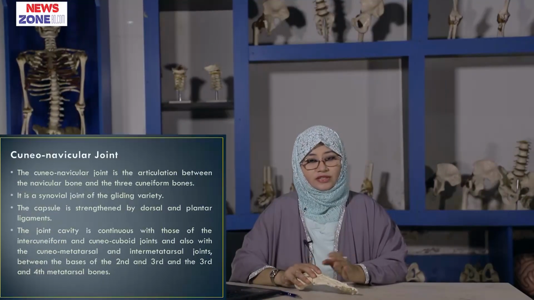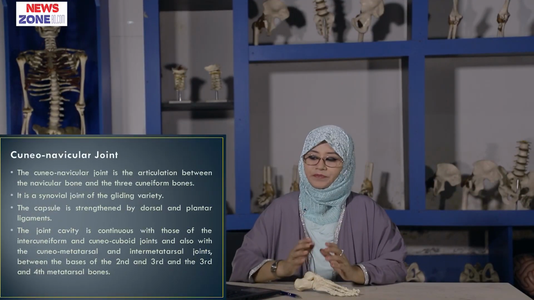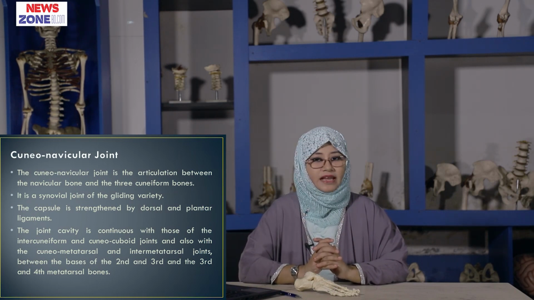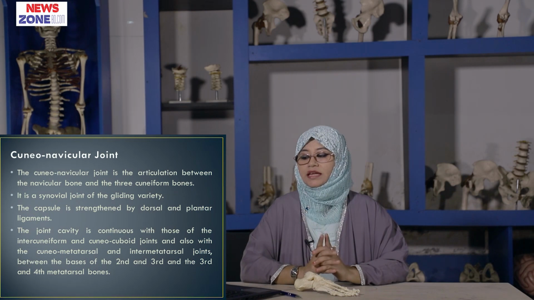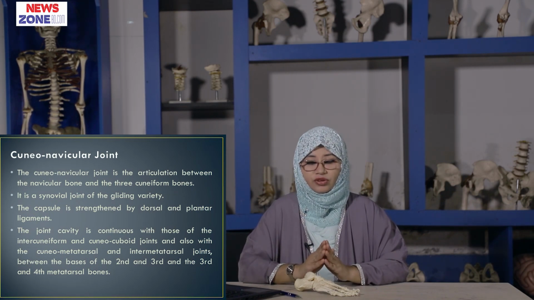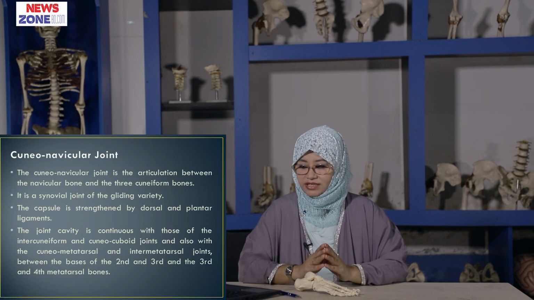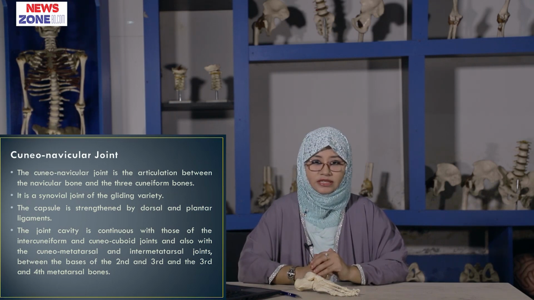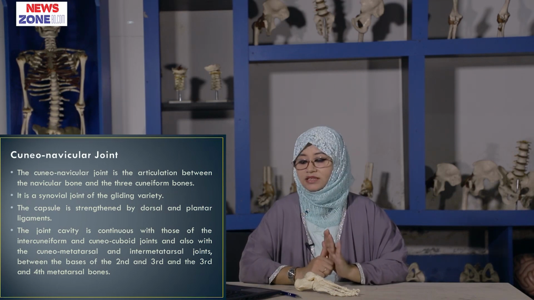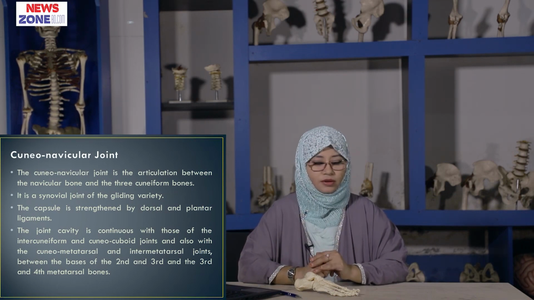It is a synovial joint of gliding variety and the capsule is strengthened by dorsal and plantar ligaments. The joint cavity is continuous with those of the intercuneiform and cuneo-cuboid joints and also with the cuneo-metatarsal and intermetatarsal joints between the bases of the second and third and the third and fourth metatarsal bones.